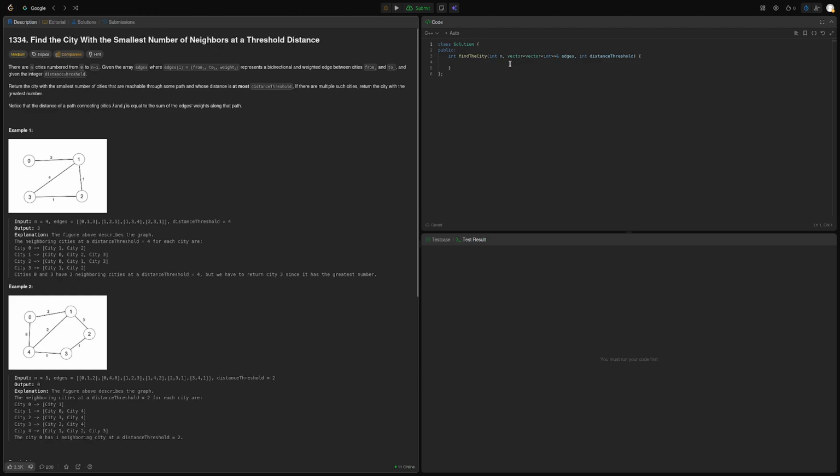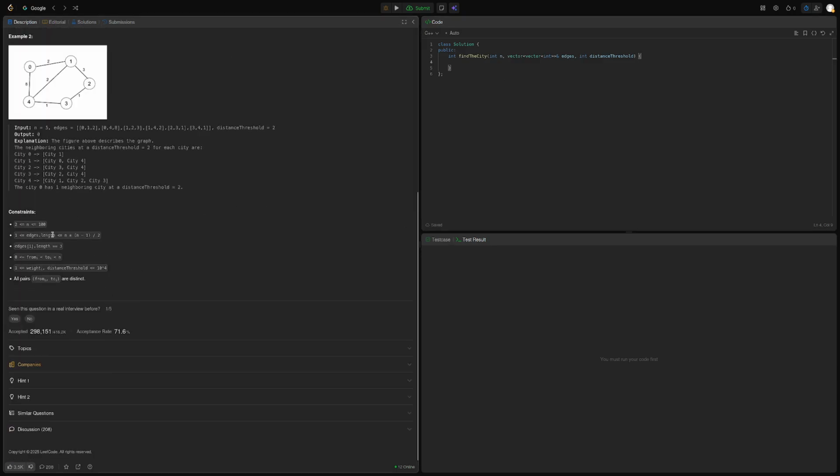City 0 is 1 and 2. Okay, so my intuition is that I can just run some sort of maximum DP slash Dijkstra from each vertex, and since it's 10,000 squared, that might run faster.